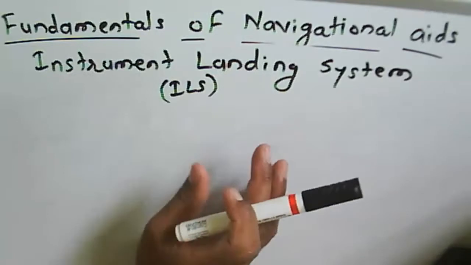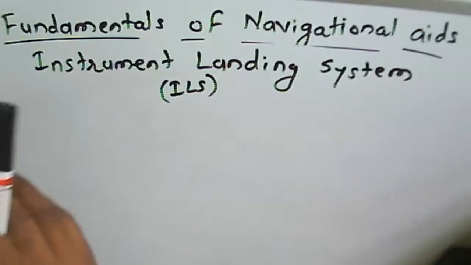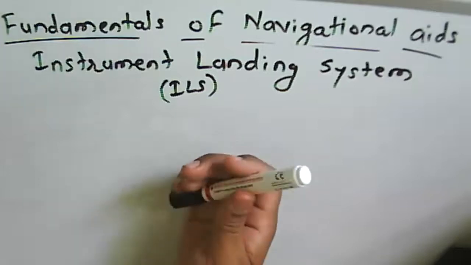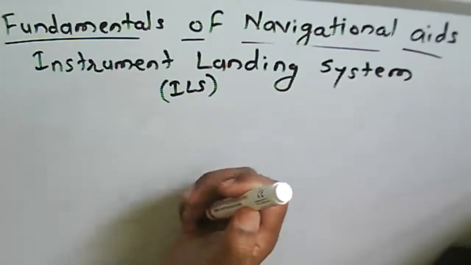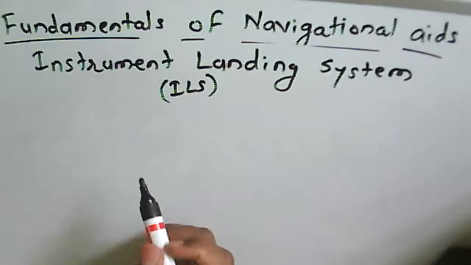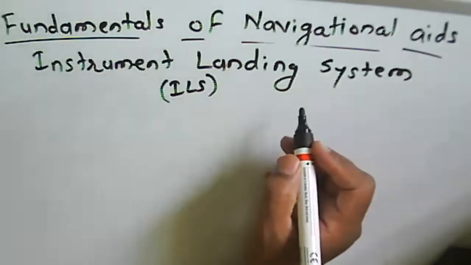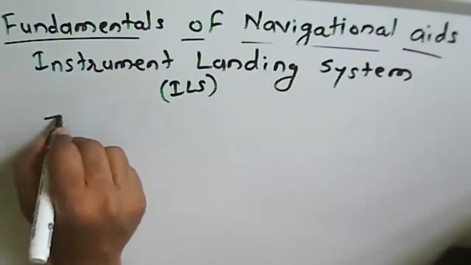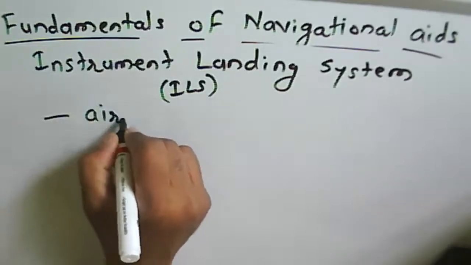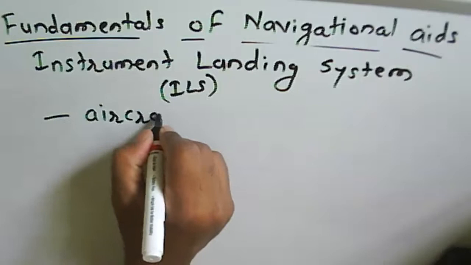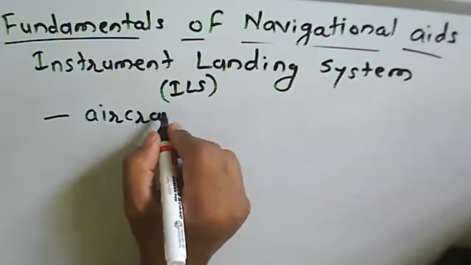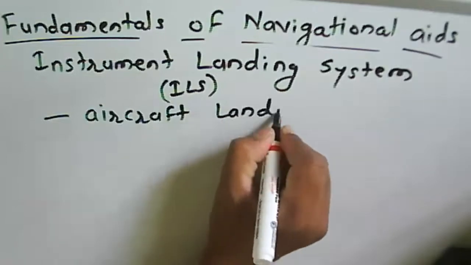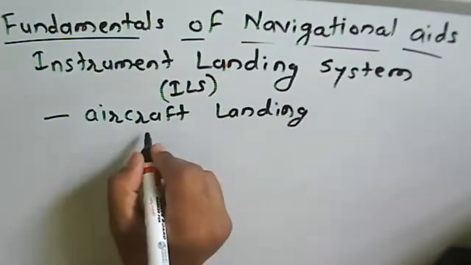Even if there is any weather condition, such as high storm or heavy rain, this instrument landing system will work. So the aircraft will land properly. We use this instrument landing system, ILS, for aircraft landing in any weather condition.